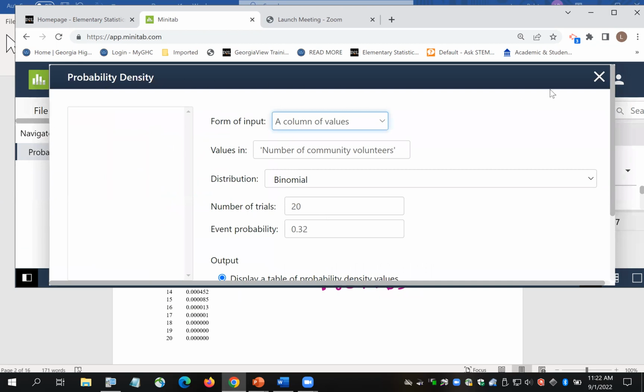And then we have to enter the information. We want the column of values. It defaults to a single value, but I want Minitab to do all of the values at one time. So I tell it I have a column of values. I then have to select where those values are located. We only have one column of data right now, so it's in column 1. So I select it.